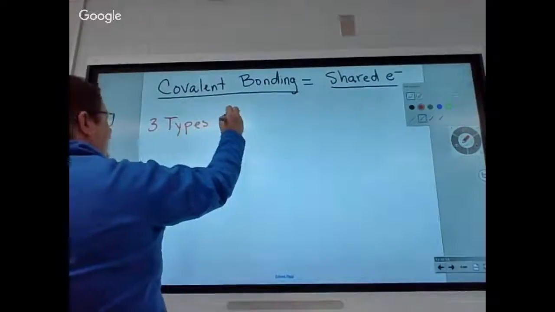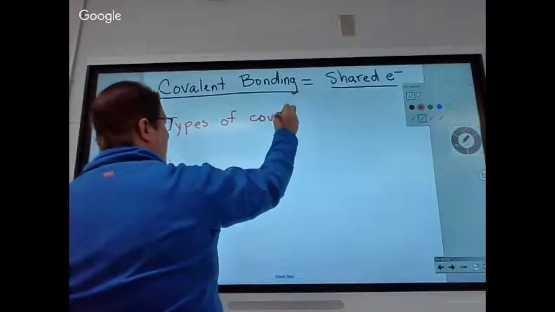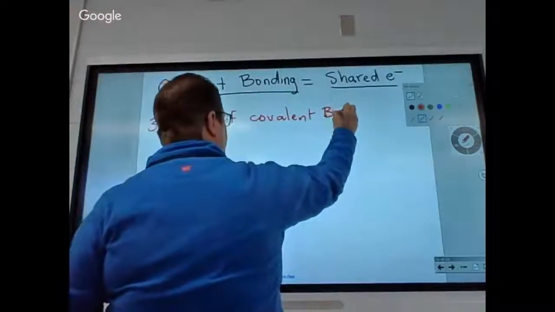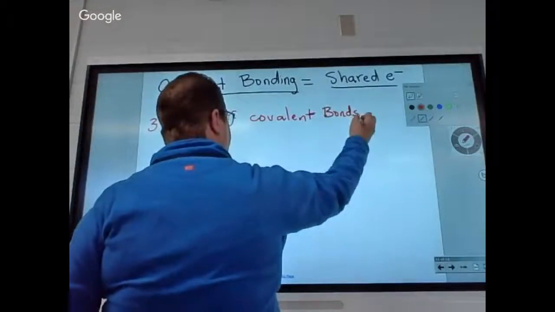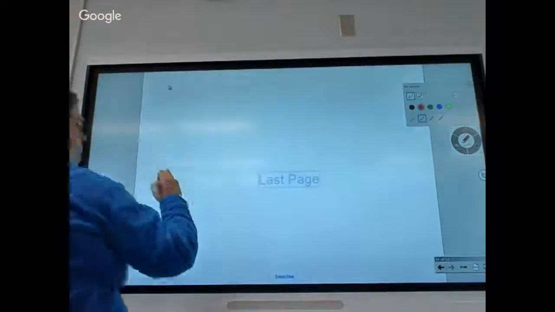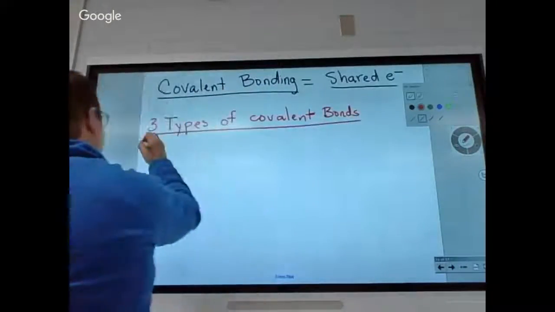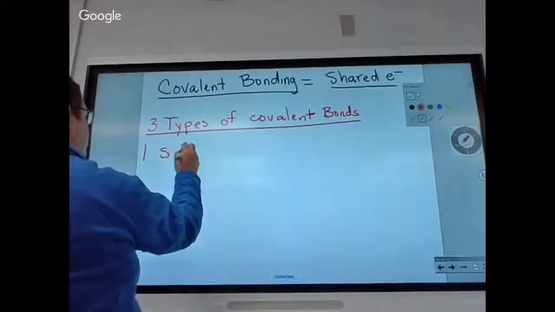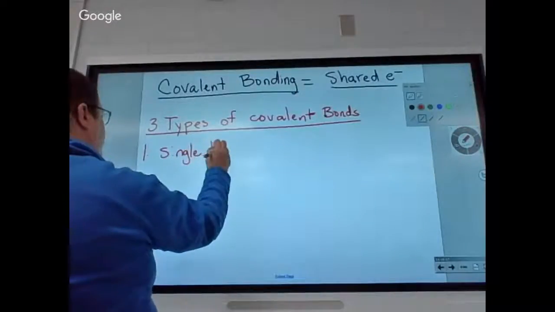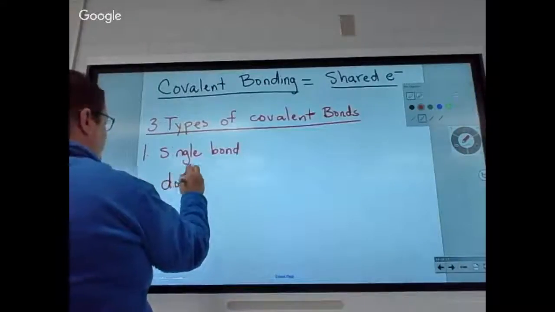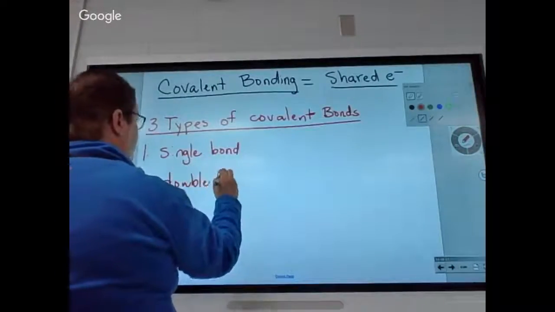There are 3 types of covalent bonds that we're going to learn to draw. A single bond, a double bond, and a triple bond.